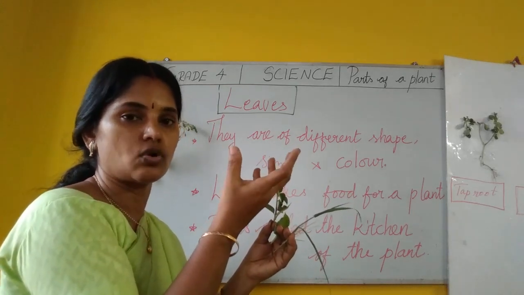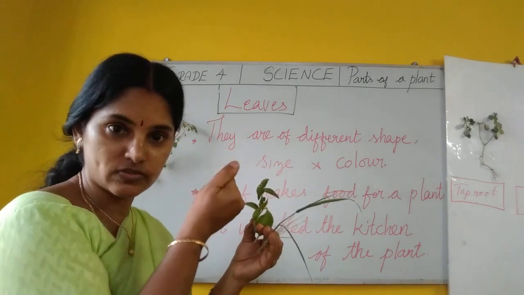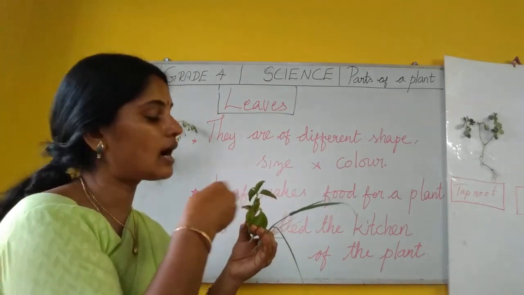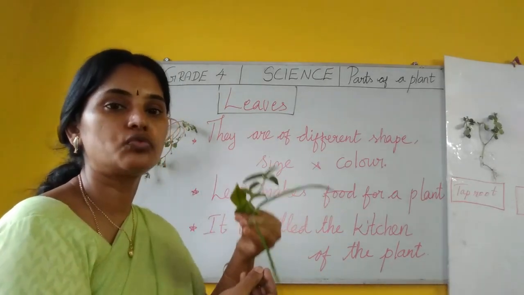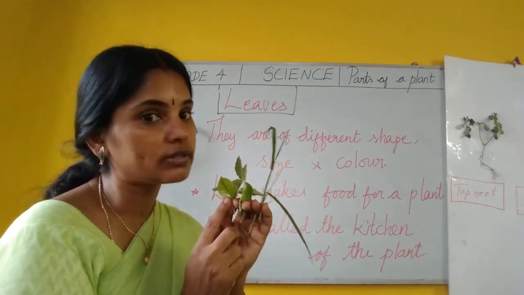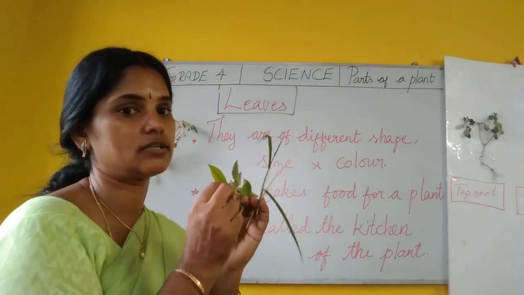So the leaves catch sunlight, absorb air, and by using water they make food. So leaves only make food for the plants.